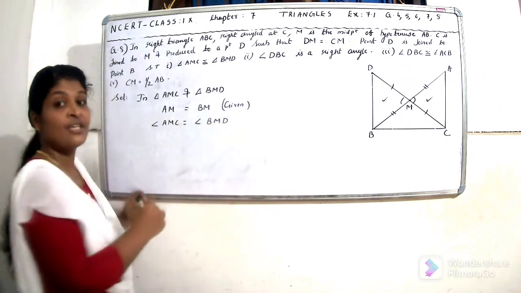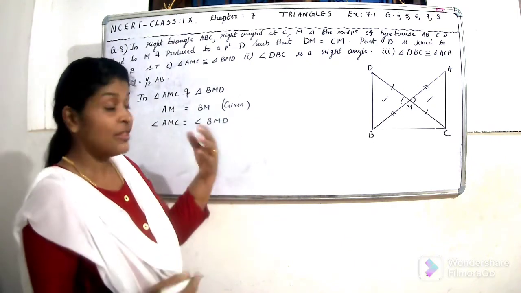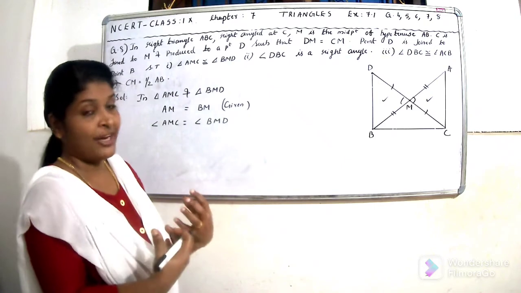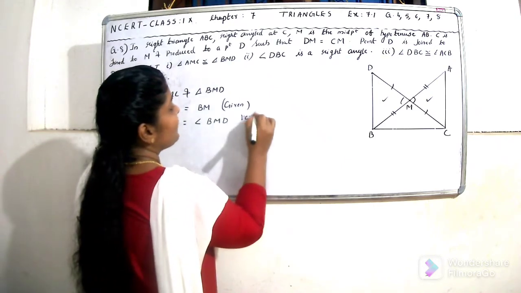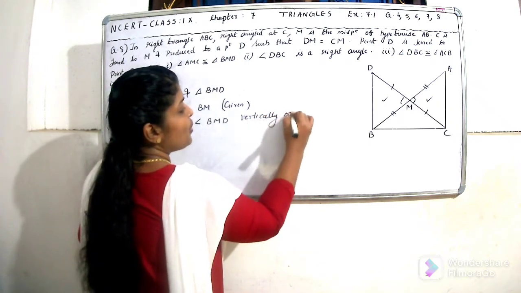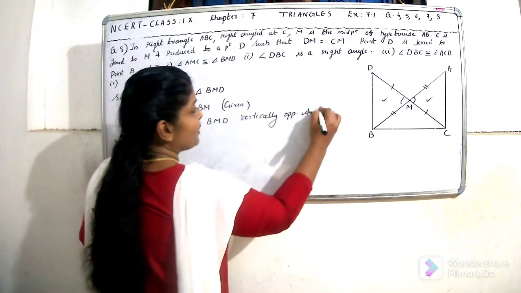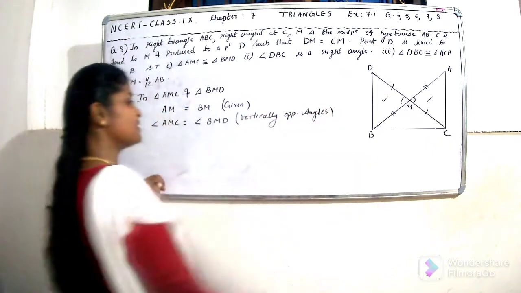What is the reason? Vertically opposite angles. That information is not given. That we observe and find out. So that is what we have to write as the reason: vertically opposite angles are equal. That we know. So that is the reason.